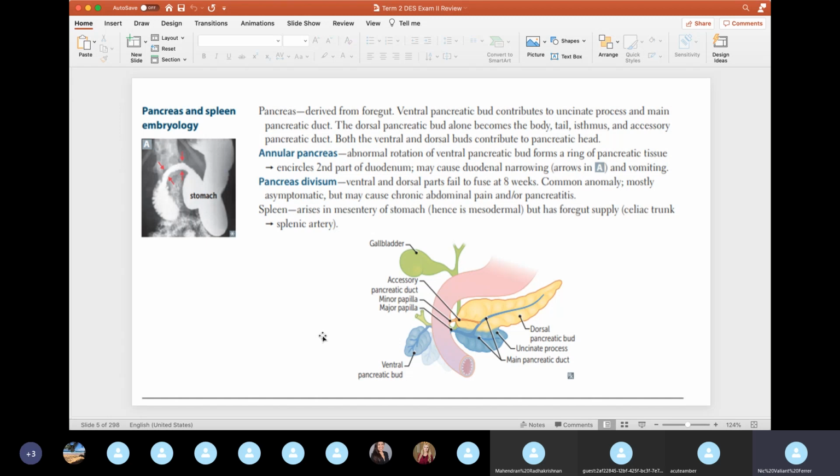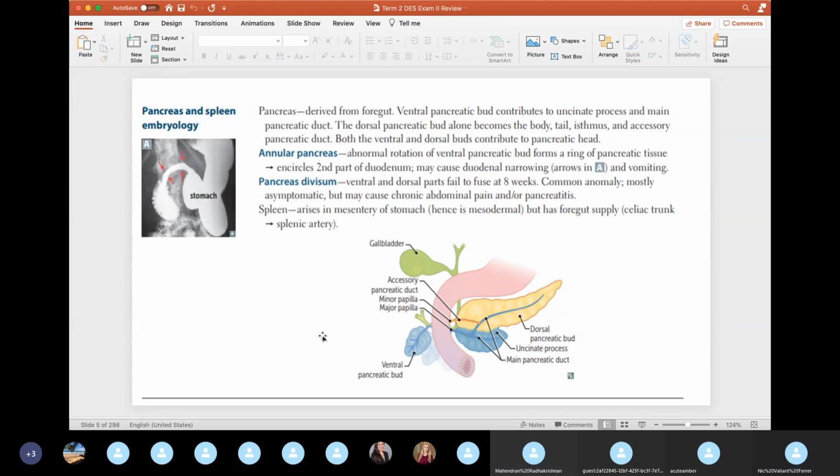Now, pancreas and spleen embryology. So pancreas, where is it derived? Is it derived from foregut, midgut, or hindgut? Foregut. So there are two parts, your ventral pancreatic bud and your dorsal pancreatic bud, high yield. The ventral pancreatic bud becomes what in an adult?